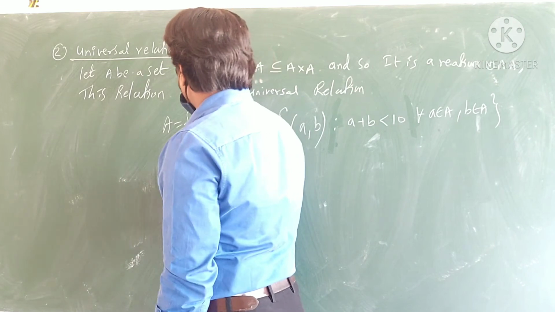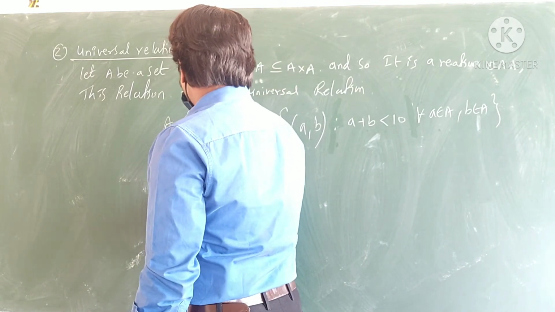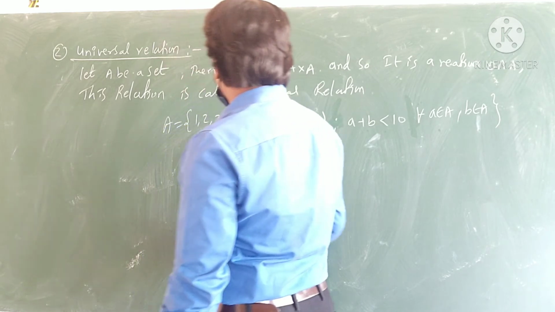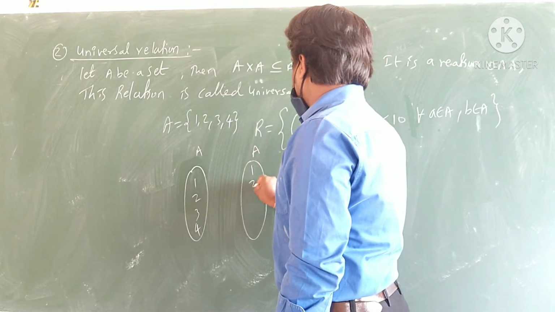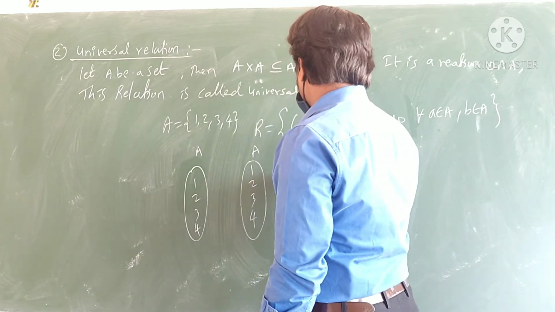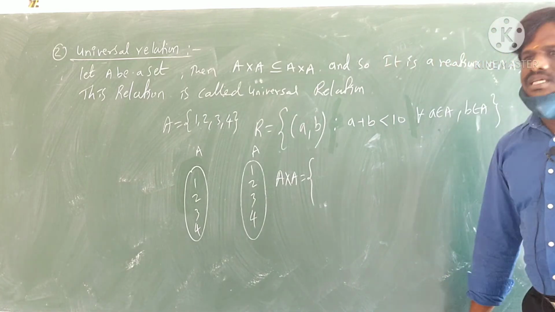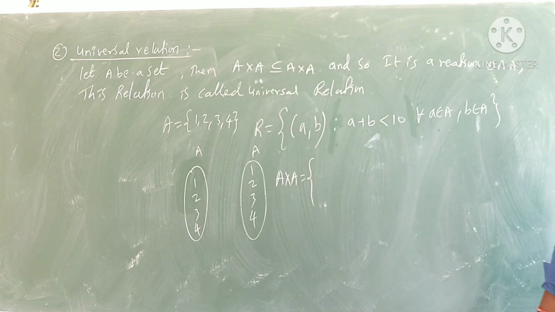So actually what is A here? A is 1 2 3 4 and A is here 1 2 3 4. If I am writing A cross A, A cross A is the biggest relation among all the relations.